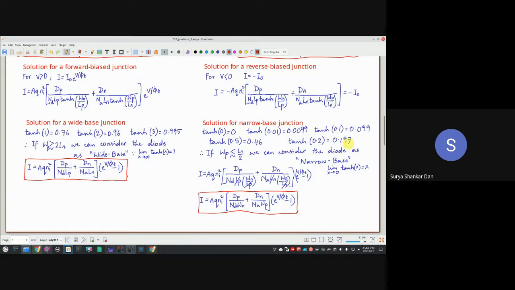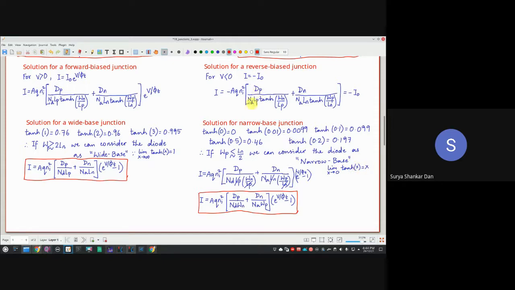So now this essentially means that if the width of the P side or the N side, I'm just using only one to reduce my writing, so WP, if it is approximately less than or equal to Ln by 2, that means if the width of the diode is less than half of its diffusion length, we can consider the diode as a narrow base, and then tanh x is approximately equal to x.